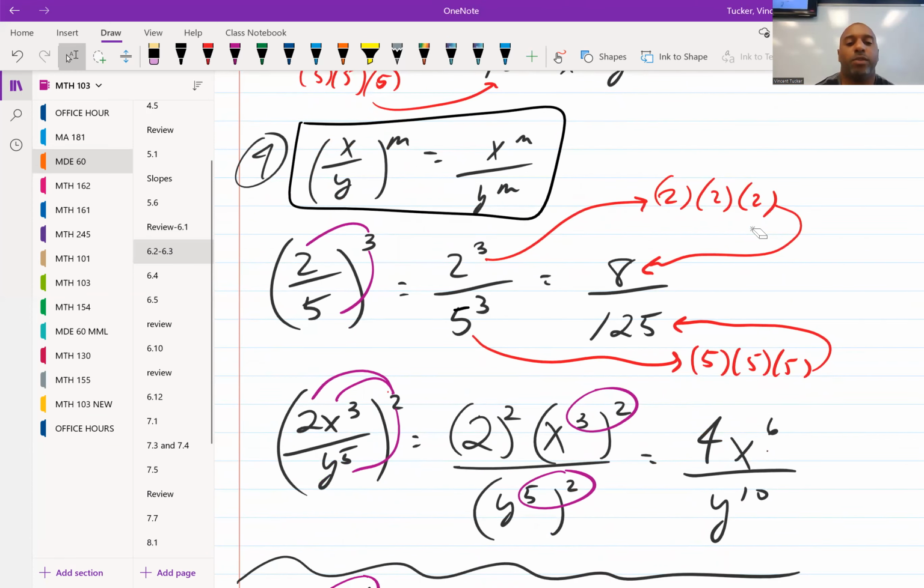Next one, 2x cubed over y to the 5th, all raised to the second power. So that 2 needs to be applied to each piece that you see. So that's going to be 2 squared, x cubed squared, y to the 5th power squared. So the square needs to be applied to each different base that you see.